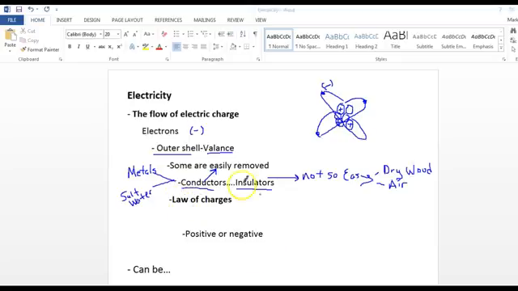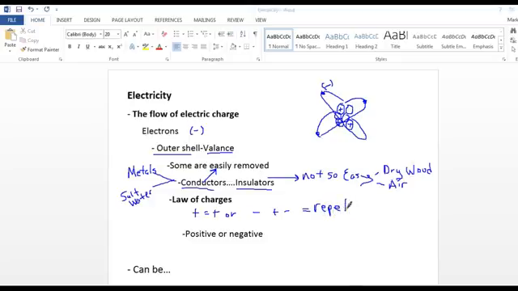And then this whole idea of electricity is really based on the law of charges, and that means likes, like positive plus positive, or negative plus negative, they repel. If you try to put two negatively charged items next to each other, they're going to push away from each other.